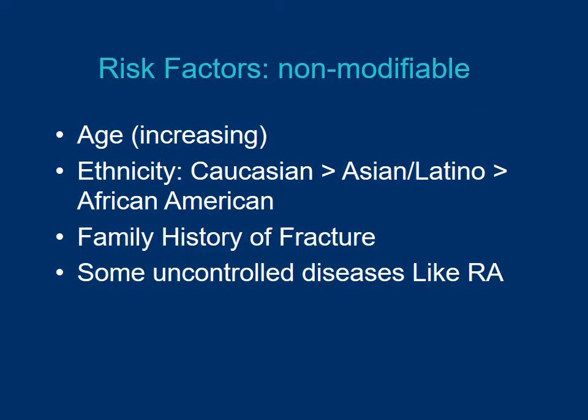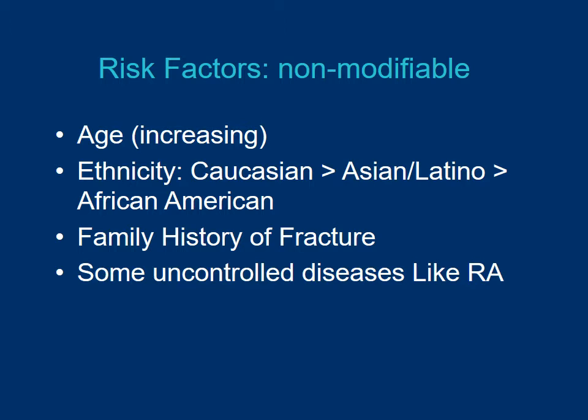What are the risk factors of osteoporosis? We have non-modifiable risk factors that cannot be corrected, and we have modifiable risk factors. Among the non-modifiable risk factors, of course, increasing age and ethnicity. Some races are more prone to develop osteoporosis than others. For example, Caucasians are more prone than Asians, who are more prone than African Americans.